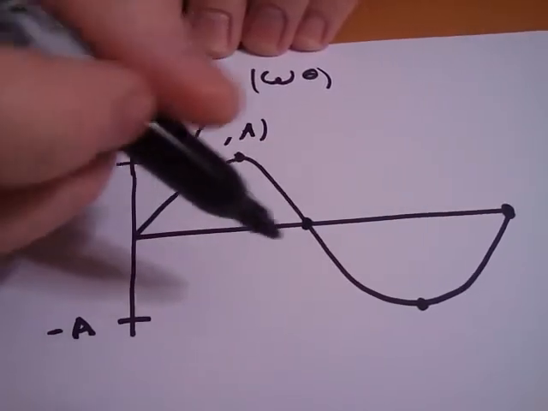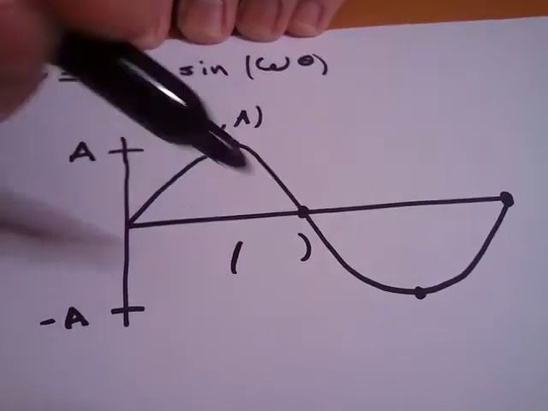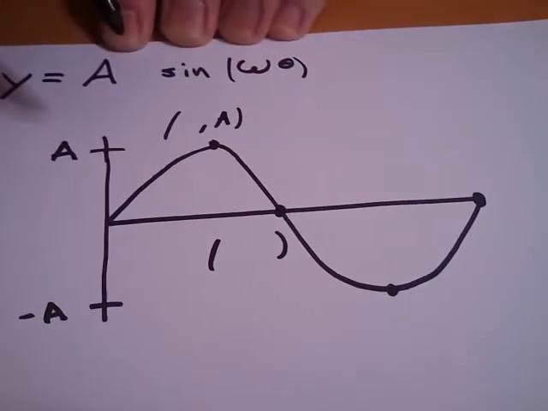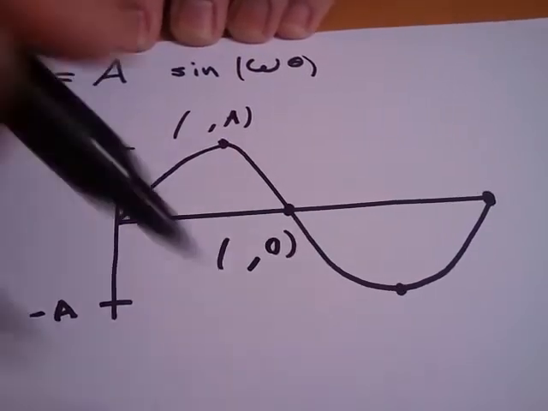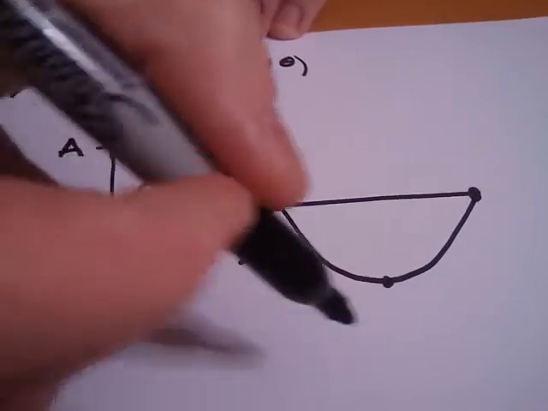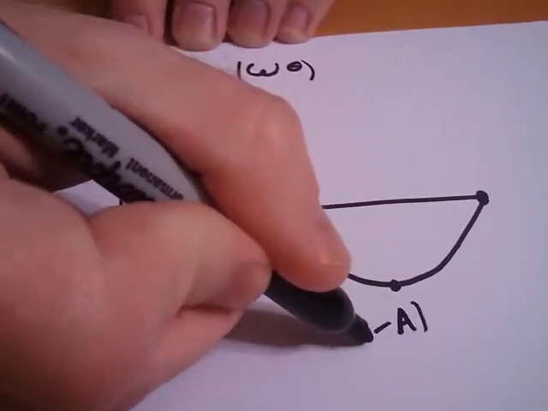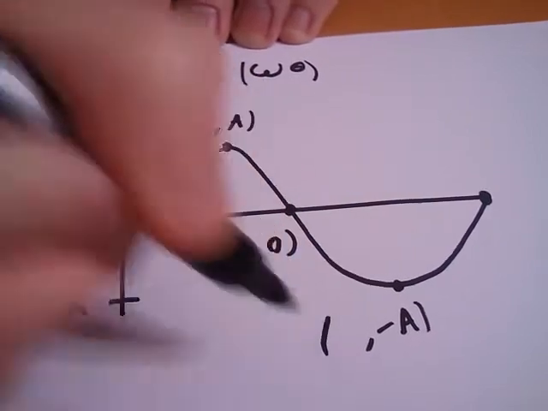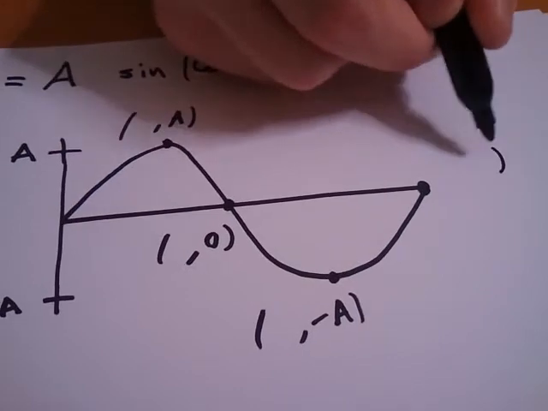I'm interested in where that one is going to hit the x-axis. And our y value there is what? If it's on the x-axis, well, that's just 0. And then over here, we know that our y is going to be negative a, because it is down so low. And up here, with the sine function, we are back to 0.